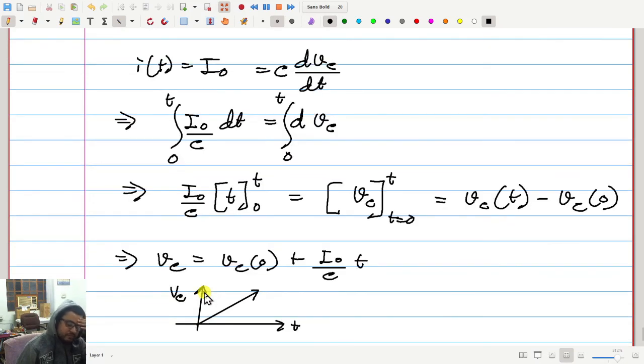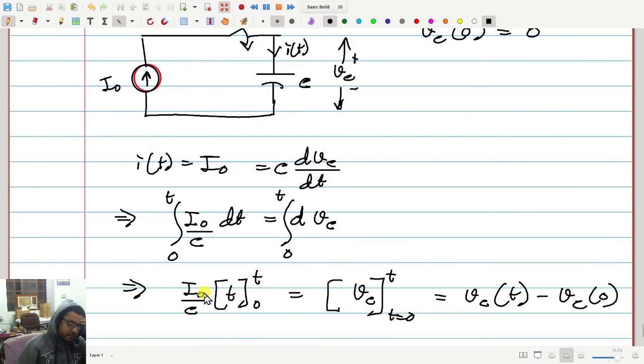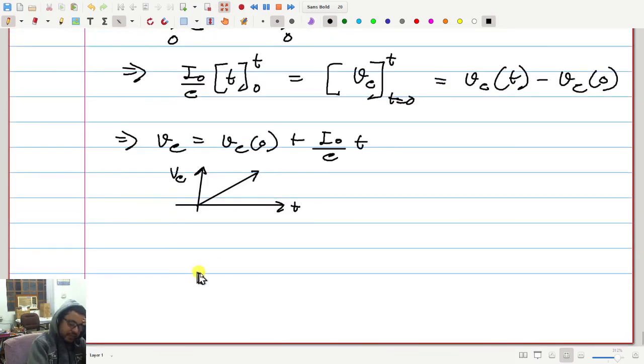So here the voltage is behaving exactly like the current in a battery and inductor situation. This is similar to the situation where we have a battery and an inductor.